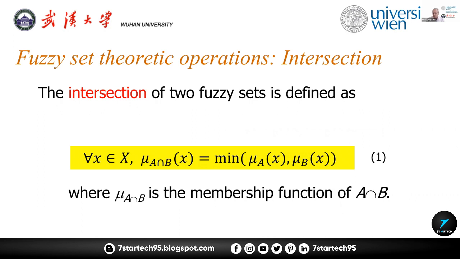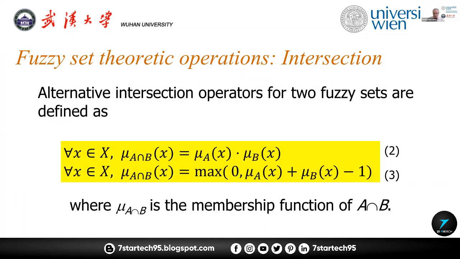Again, we have three options here that are relatively straightforward. The easiest one is the minimum operator. So take the minimum value of the corresponding membership values of the two sets. This is the easiest and simplest intersection operator. There are two other alternative operators.